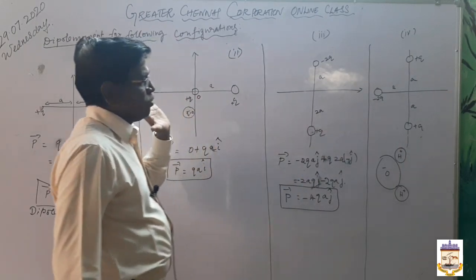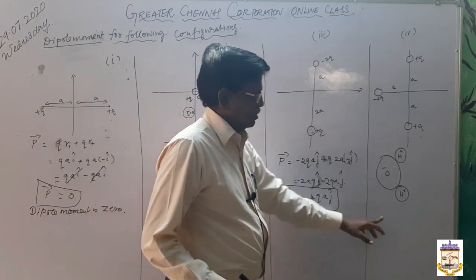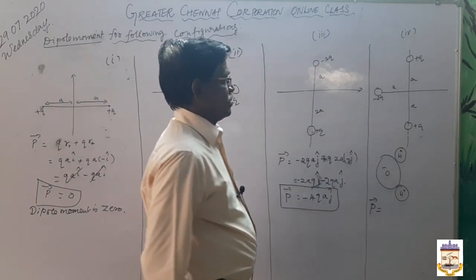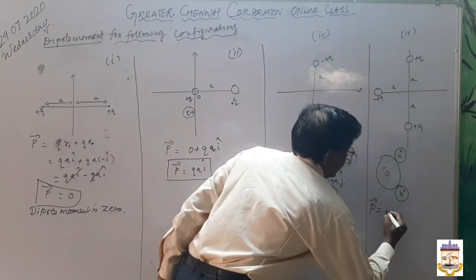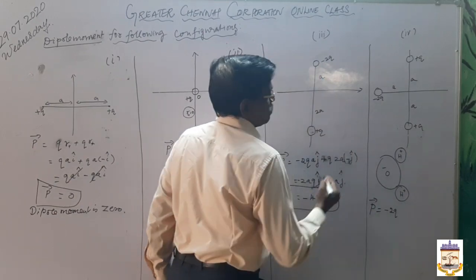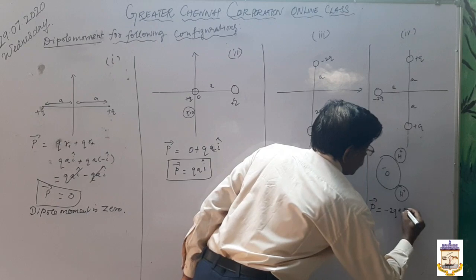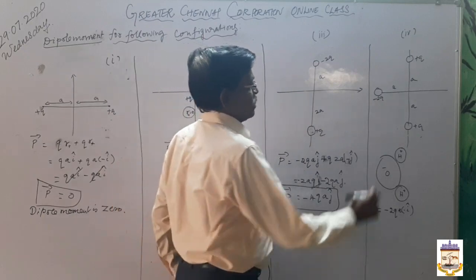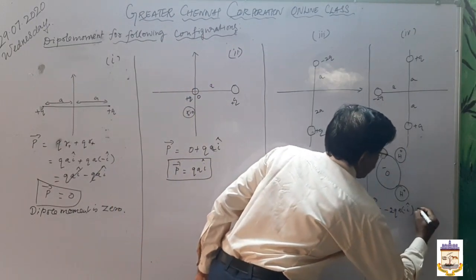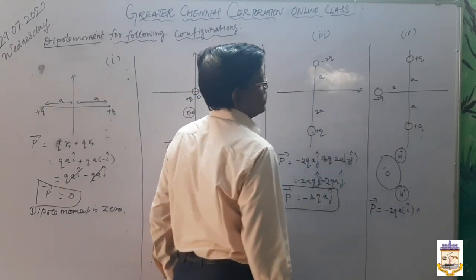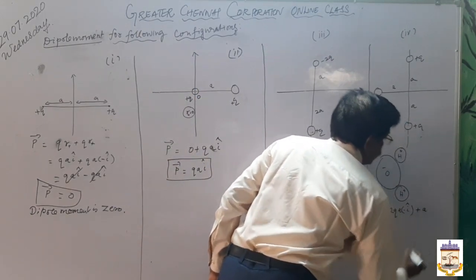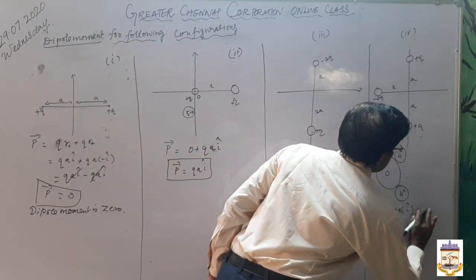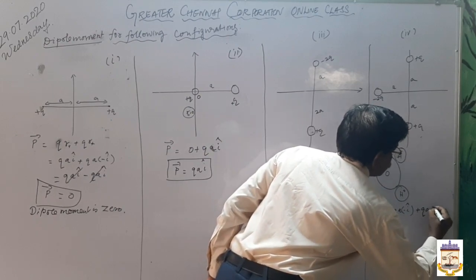So, what is the dipole moment for this case? The dipole moment is P vector equals minus 2q a into minus i cap, because it is in the negative x direction. Then plus q a j cap.